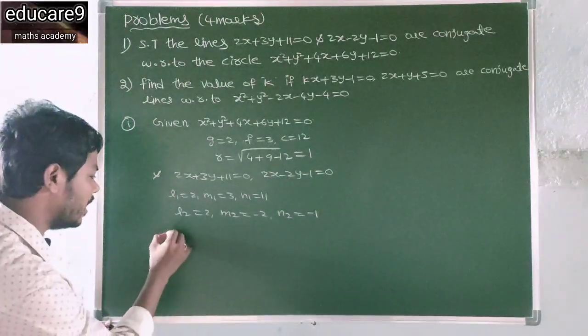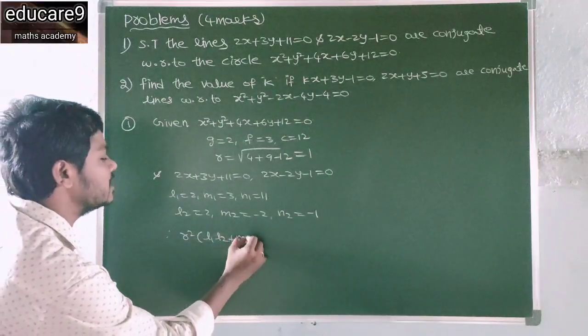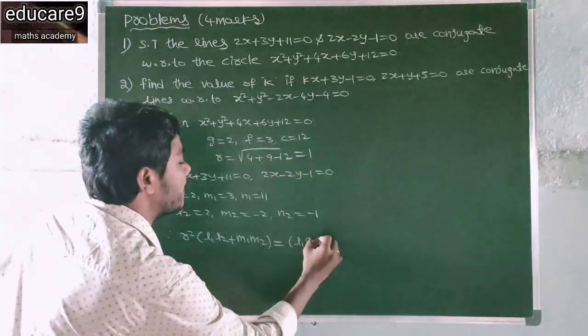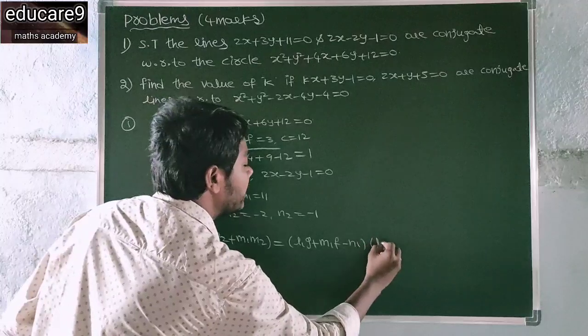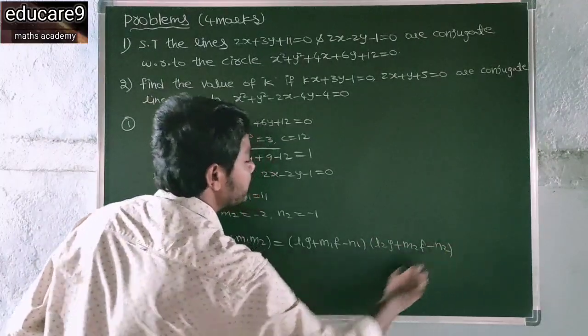So now find R square into L1 L2 plus M1 M2 is equal to L1G plus M1F minus N1 into L2G plus M2F minus N2.